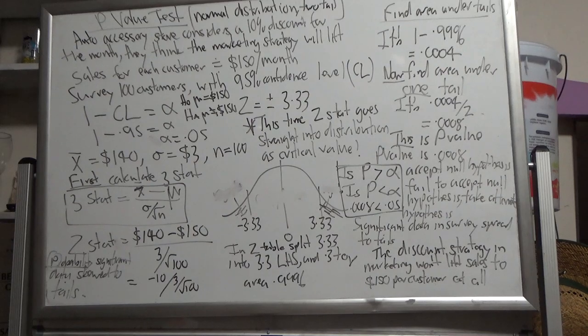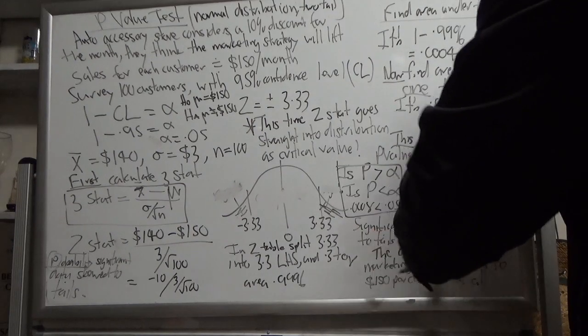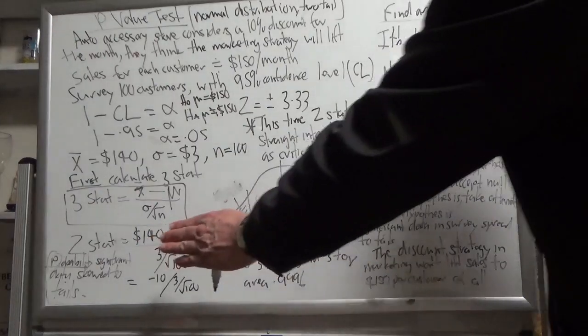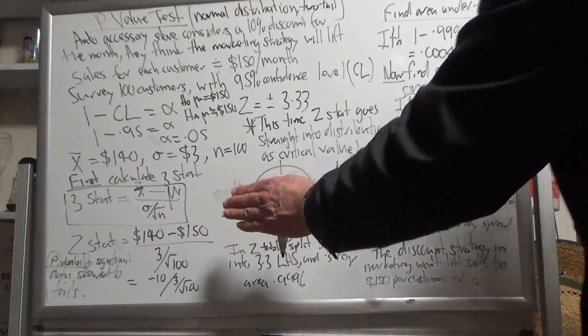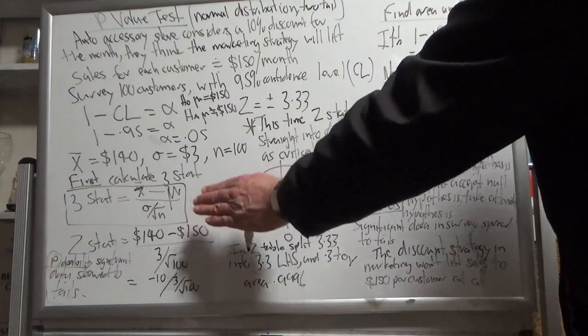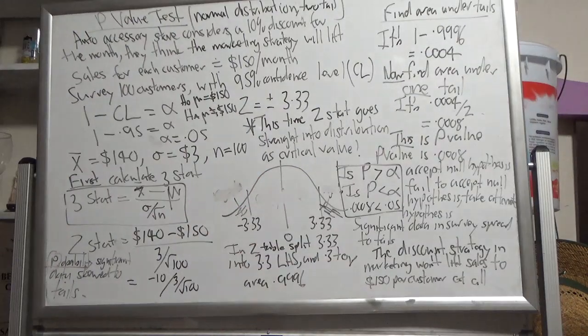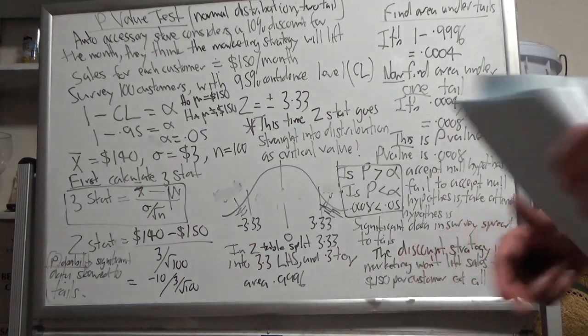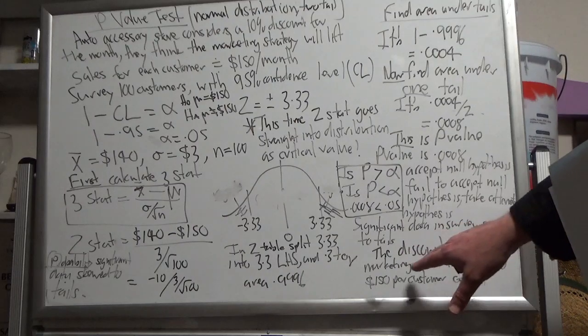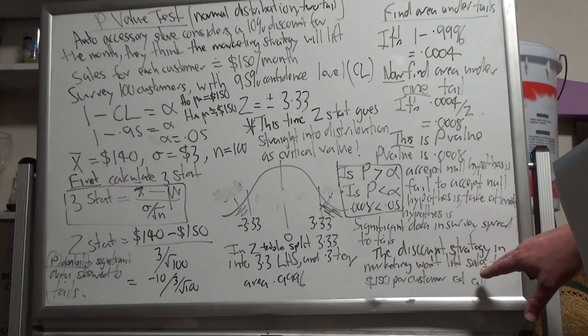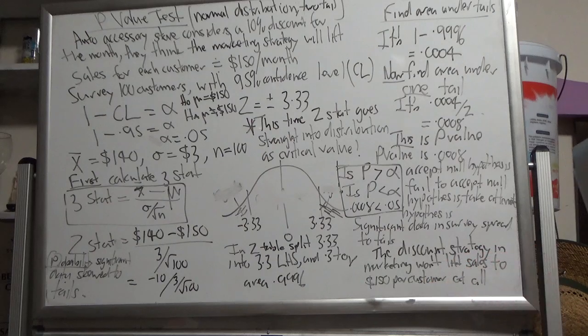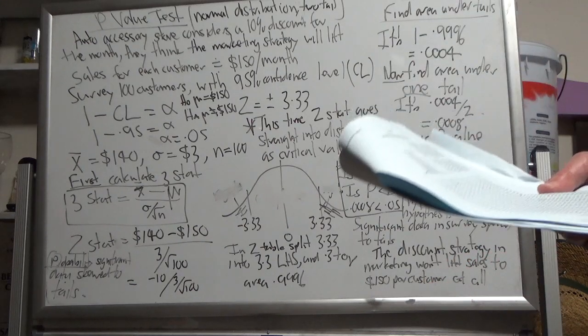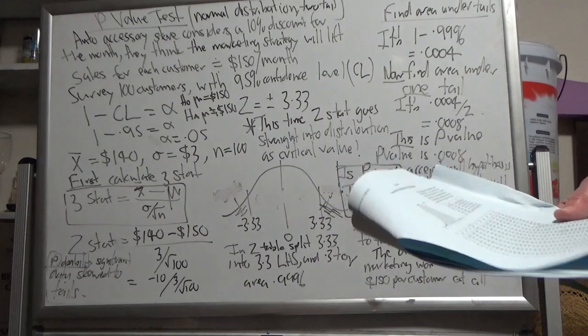That means the significant data in the survey is skewed towards the tail. The probability of the data going into the tail is quite high. So the discount strategy of the marketing manager won't lift sales to $150 per customer at all, and they might need a different marketing strategy or a new sample.